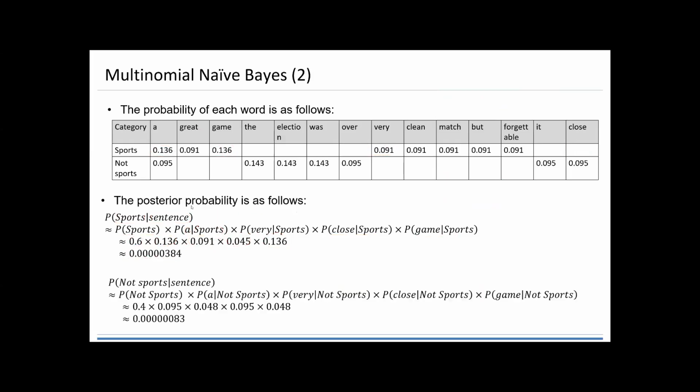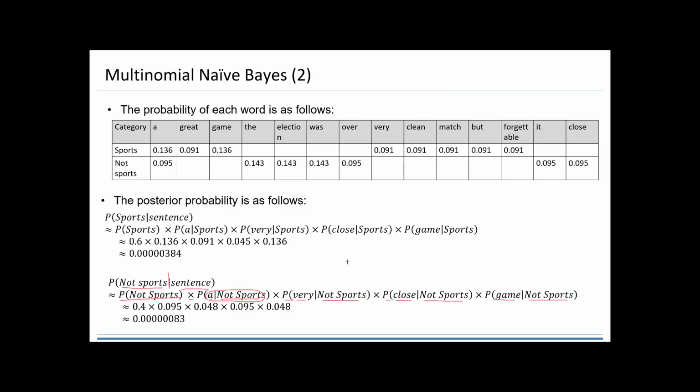We can also do it with not sports. When we have not sports given the sentence, again we will do the multiplication of the probability of not sports multiplied by the probability of a belonging to not sports, multiplied by the probability of very belonging to not sports, close belonging to not sports, and game belonging to not sports.